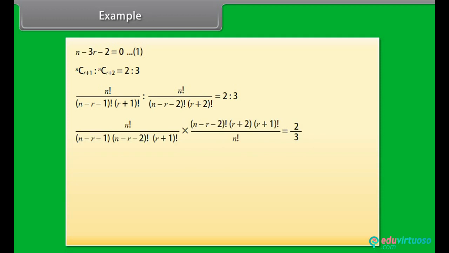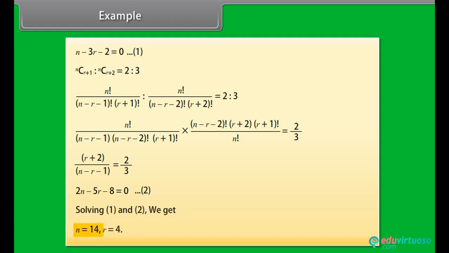This gives (r plus 2) by (n minus r minus 1) is equal to 2/3. 2n minus 5r minus 8 is equal to 0. Name it as 2. Solving 1 and 2, we get n.